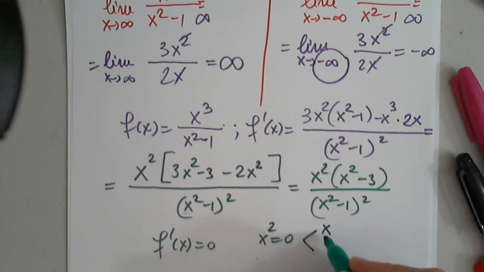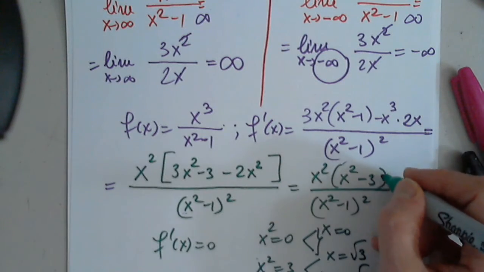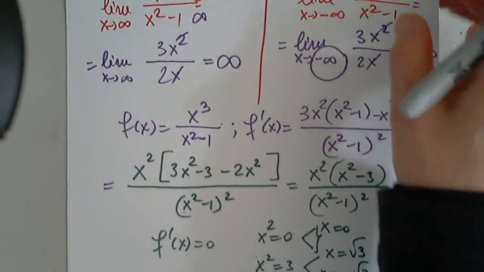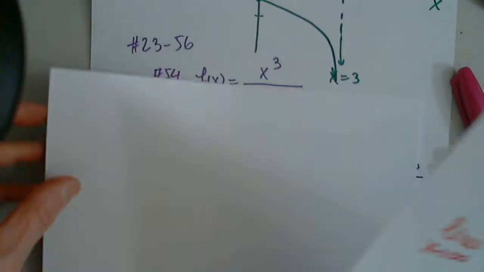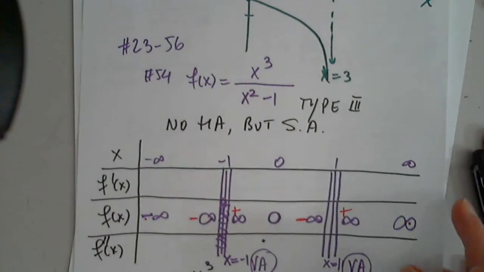So I have two solutions, x equals 0. And then x squared equals 3, which gives us x equals the square root of 3 and x equals negative the square root of 3. The quantity is quadratic. I cannot just write one solution. I have to write two solutions. Okay, so we have 0 and positive and negative the square root of 3.